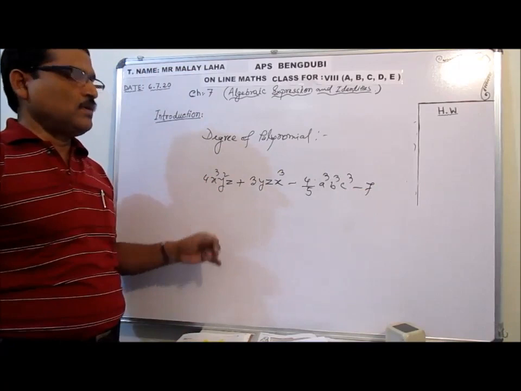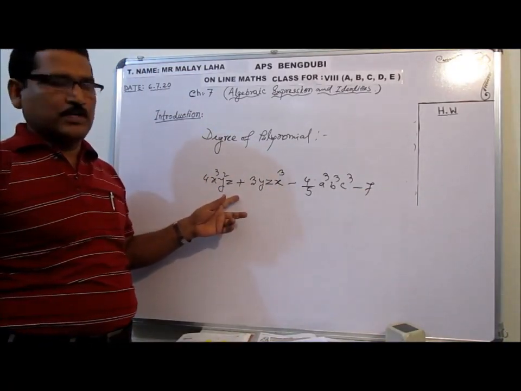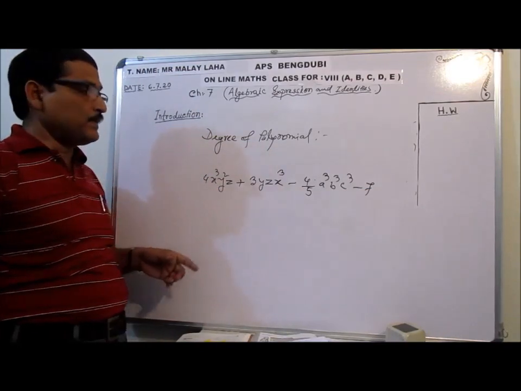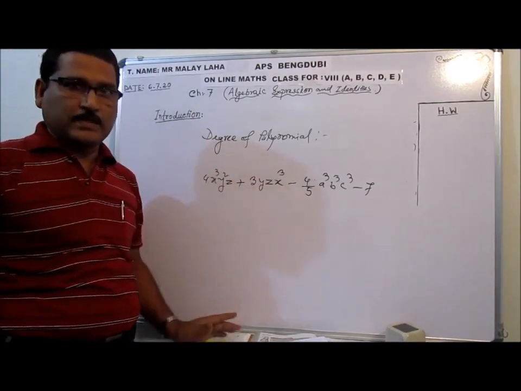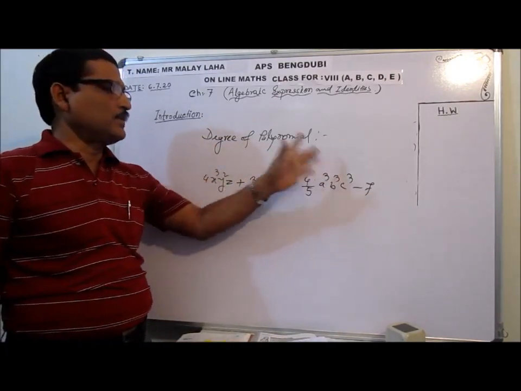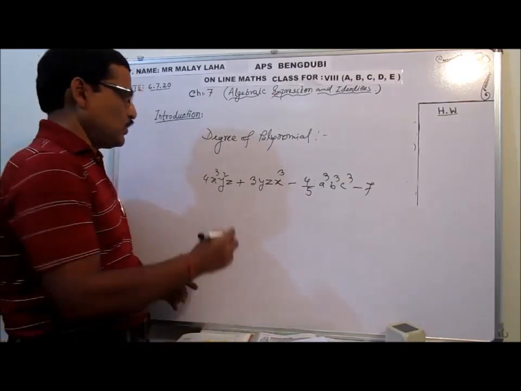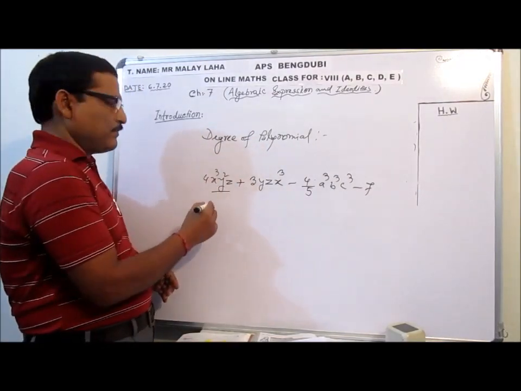The question is asking you, what is the degree of the polynomial? Degree of the polynomial does not mean the highest power. 3 is the highest power, you cannot say that. Sometimes you have seen children answering by simply looking at the highest power. No, you have to find out the sum of the powers.